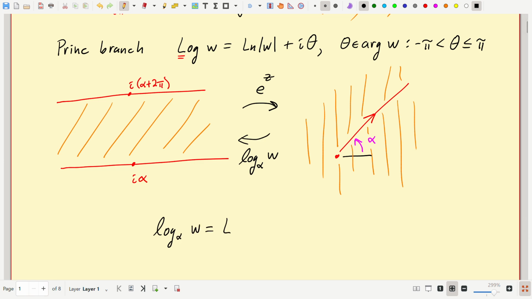The real part has got to be log mod w, but then we take an argument that goes from alpha to alpha plus 2 pi, so theta is less than alpha plus 2 pi. And we won't care what happens on the red lines.